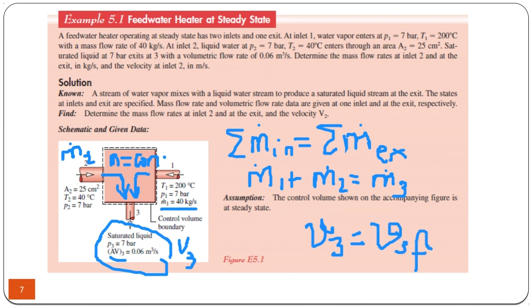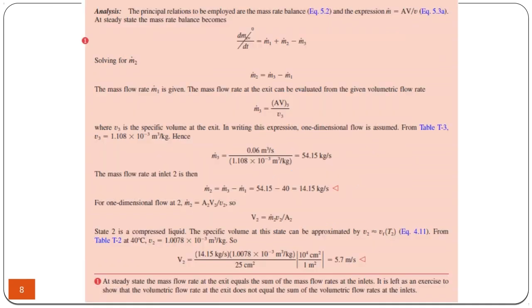So you need to use the saturated water table to find out the specific volume of the liquid at exit 3. The value of the specific volume at the exit 3 is found to be 1.108 times 10 to the minus 3 cubic meter per kilogram.